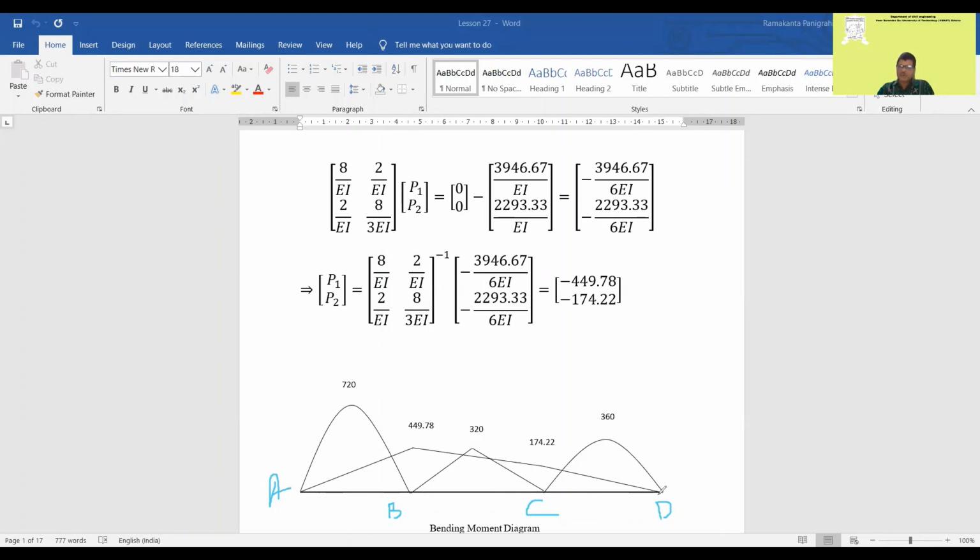At D the moment is 0, and we have found negative values at B and C. P1 corresponds to the moment at coordinate 1. P2 corresponds to the moment at coordinate 2. I have told you force in general may be a reaction force, horizontal or vertical, or it may be a moment. So all these things are generally known as a moment. So here it is 320, here it is 360.